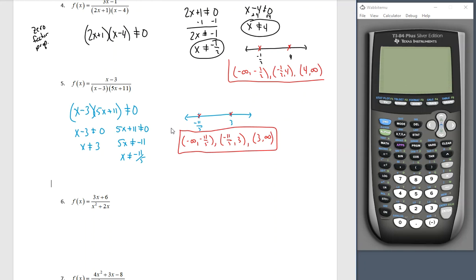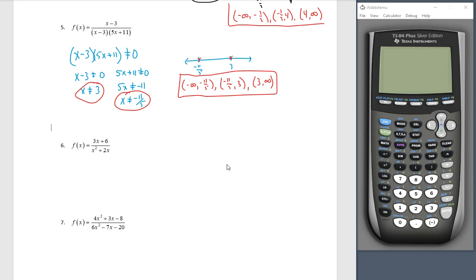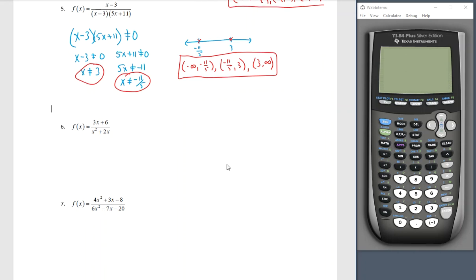You can do this. You can absolutely do this. I'm a big fan of this answer on paper. But if you're using an online homework system, as I do for my students, then you'll want to know the interval notation. They prefer that answer.